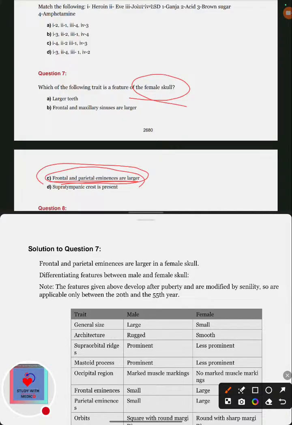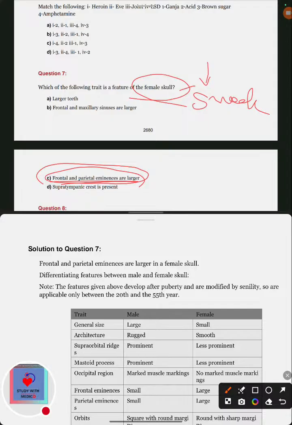Differentiating features between male and female skull: size is large in male, small in female. Females have a smooth architecture, male has rugged. Supraorbital ridge is less prominent in female, more prominent in male. Mastoid process is prominent in males, less prominent in females.